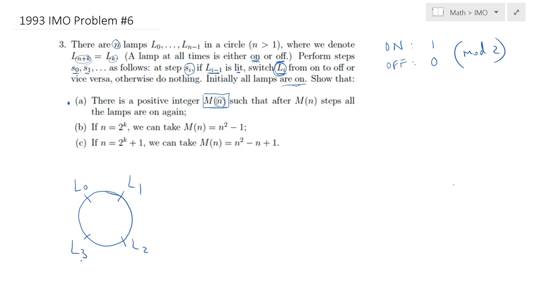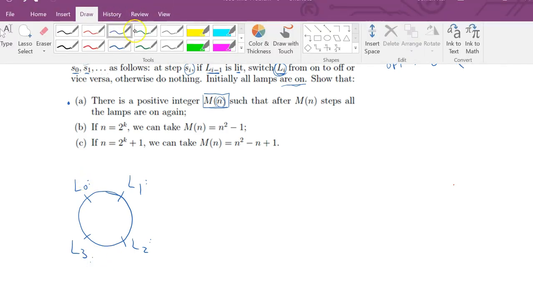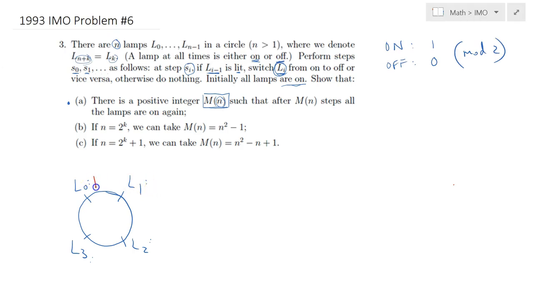So we are given 4 lamps, and we know that we start with all these lamps turned on, 1 1 1 1, and here the game begins. We start with L sub 0. Do we operate on this lamp? Yes, because when we check the previous lamp, it is on. If the previous one is turned on, then we operate on the next one, so we turn it off.